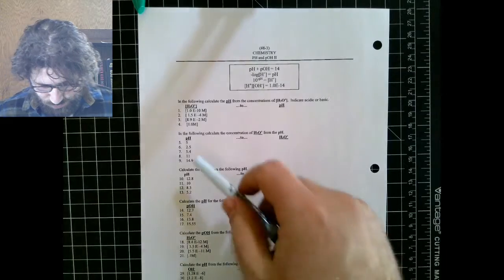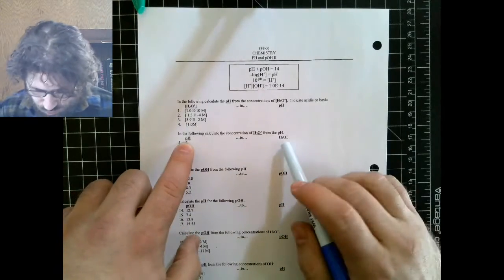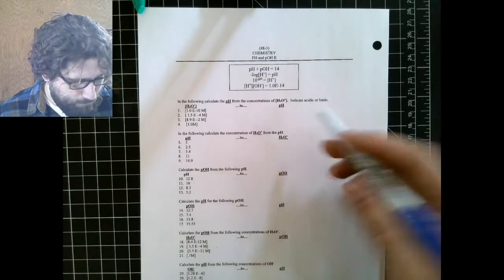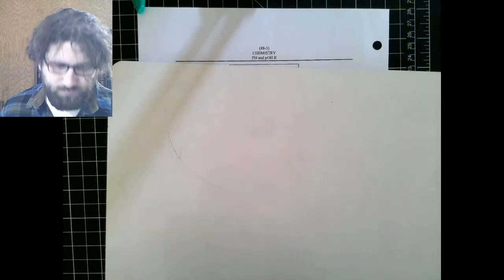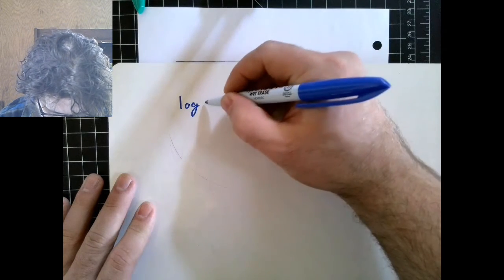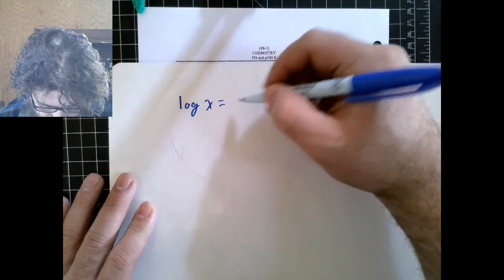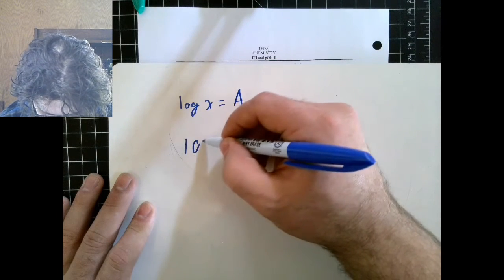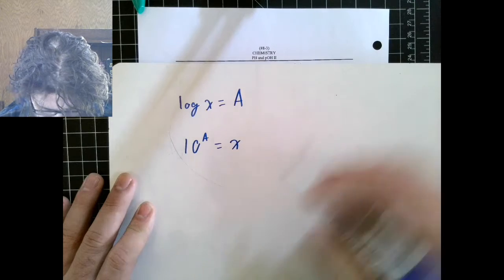So what about the next section? The next section is we're going from a pH to a concentration. How do we do that? Well, to do that, we need to remember that when we take a log, log x equals, let's just say A, well, 10 to the A equals x.